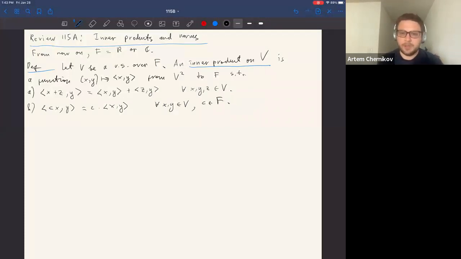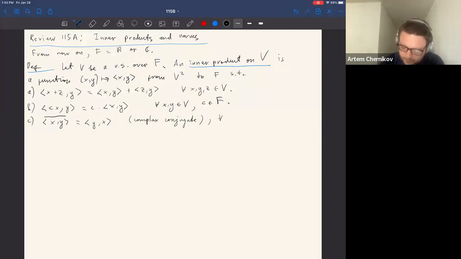Now the next axiom is symmetry, or rather conjugate symmetry of this operation. If we look at the inner product of x, y and take its complex conjugate, then this is going to be the same as the inner product of y, x. Let me remind you, this is the complex conjugate.